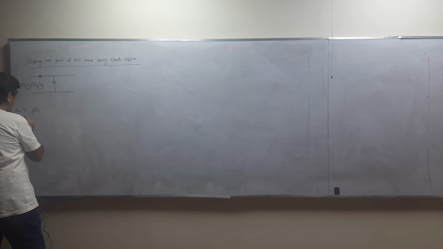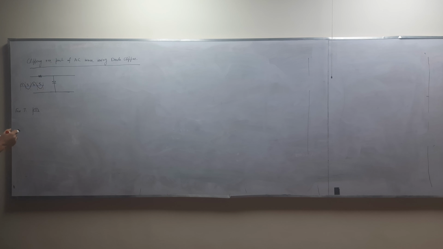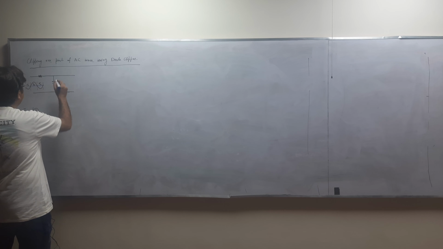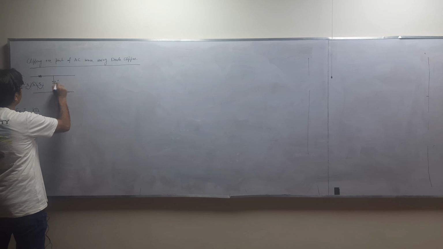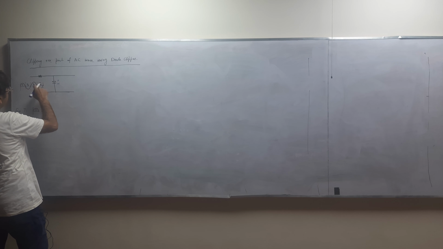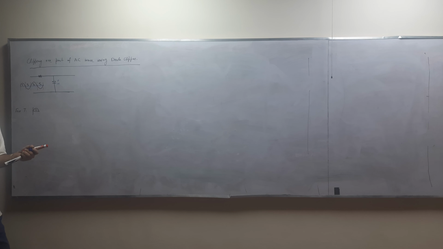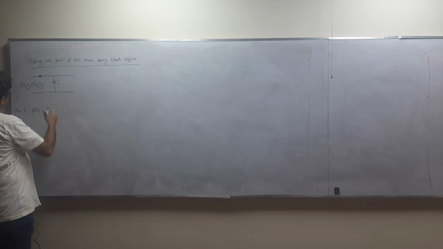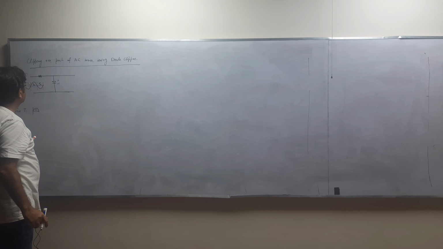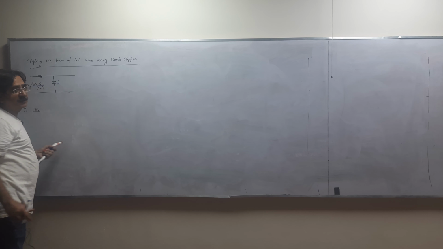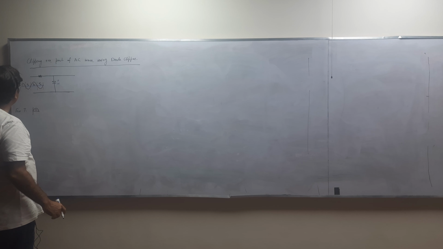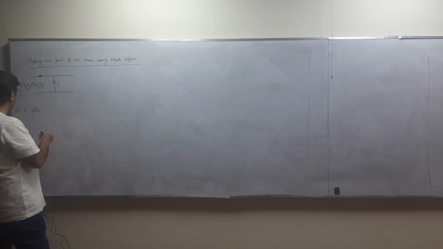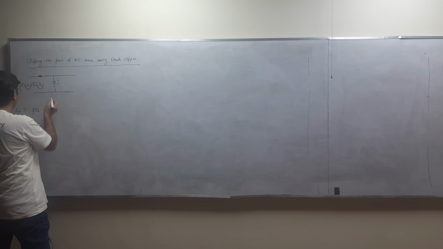Because this is a PN junction, and this is the positive part, if the positive wave is coming, then the P is connected with the positive, and the N is connected with the low voltage, which you may say is grounded. So this is treated as the positive part of the wave for T1.